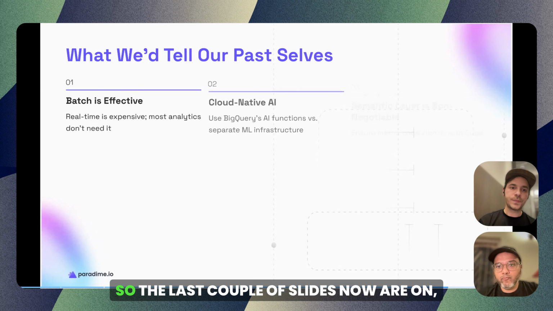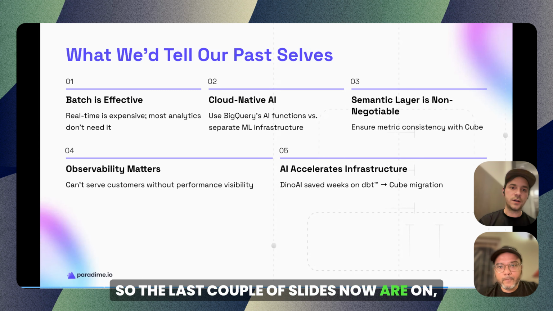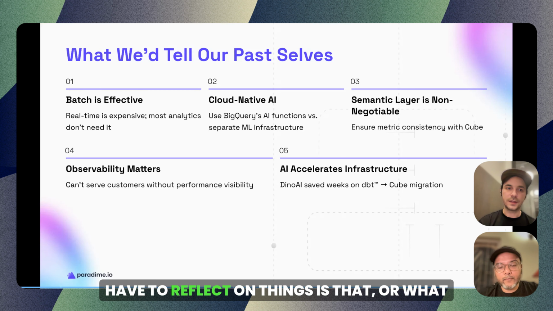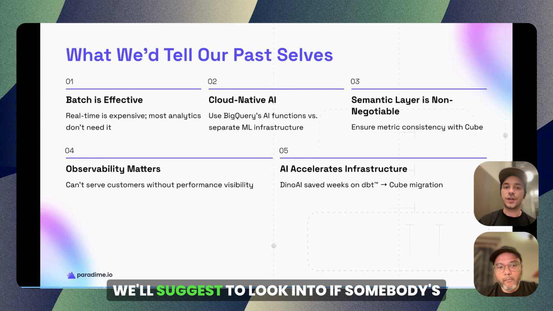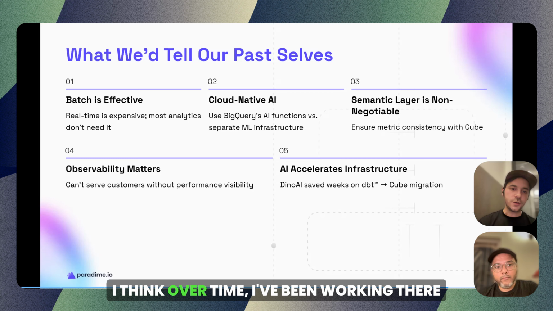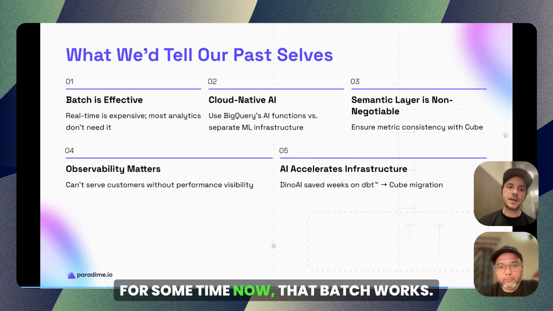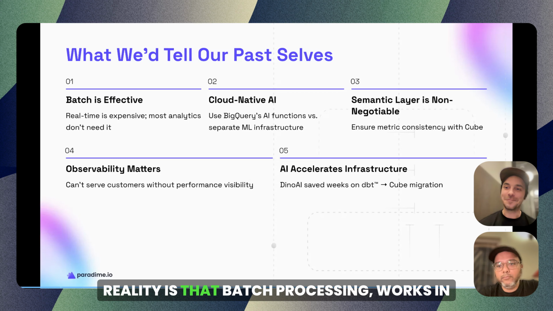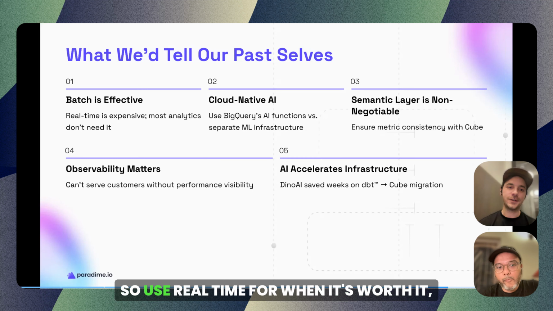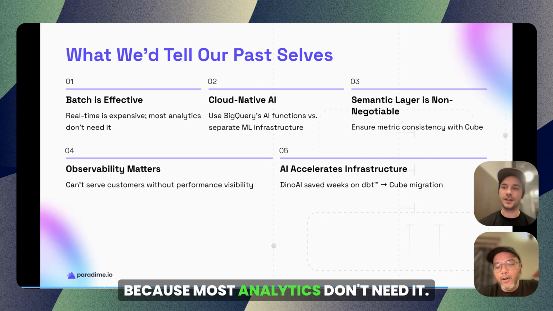So the last couple of slides are on what we would do differently, if I have to reflect on things, or what we'd suggest looking into if somebody is starting on this journey. Having worked with data for some time now, I think batch works. The reality is that batch processing works in most cases, or in a lot of cases. So use real time for when it's worth it, because most analytics don't need it.